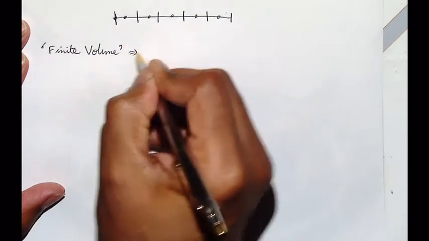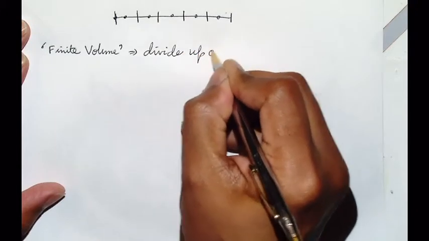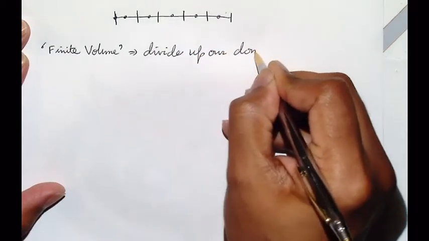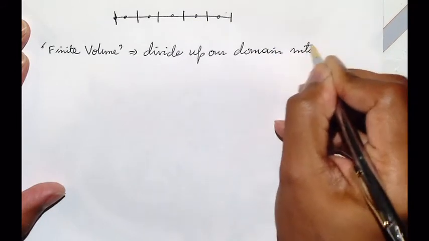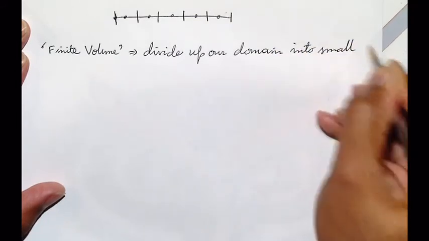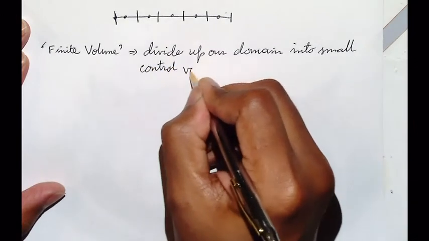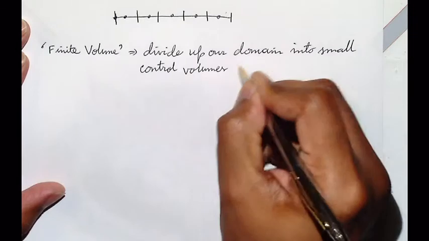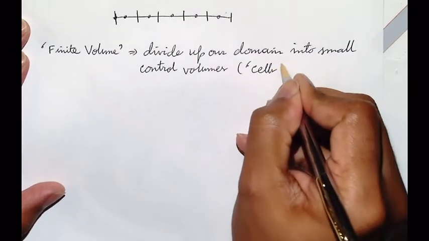So finite volume basically means divide up our domain into small control volumes, which are basically the cells that we're talking about.